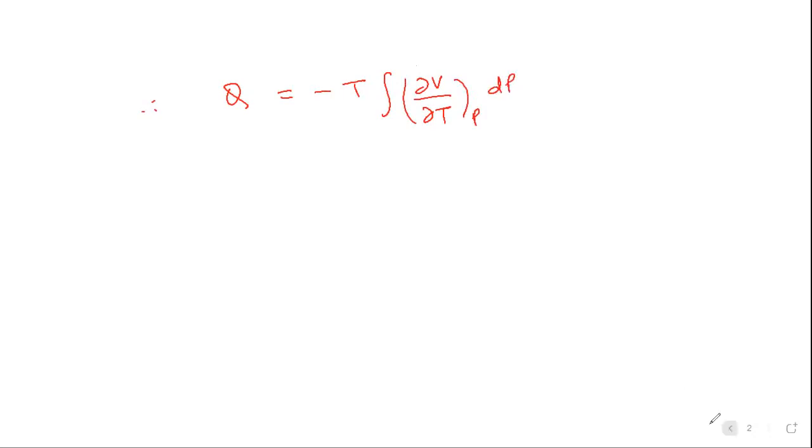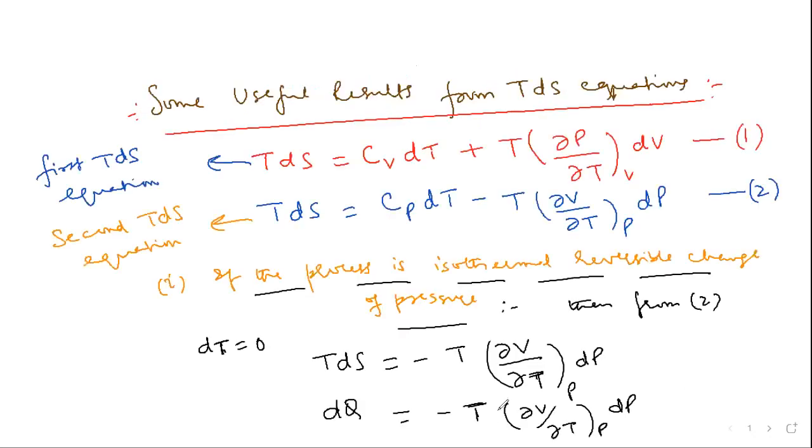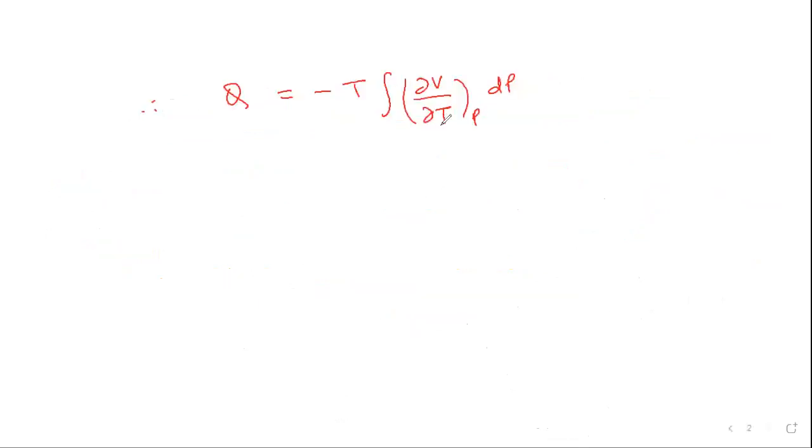I have just integrated this equation. T we have taken outside the integral because T is constant, right? Pressure is changing during the process.